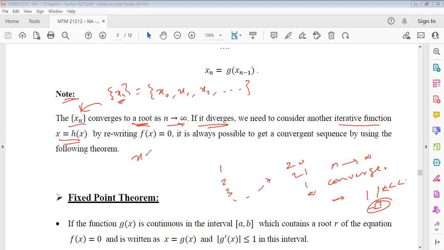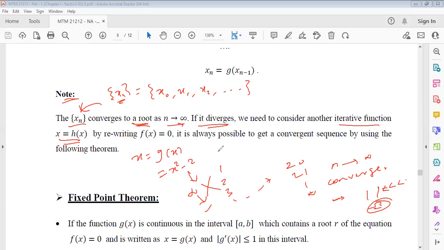I'll give you this idea when we do the example. Let's say I equate x equal to g(x), for example g(x) equal to x squared minus 2. When I'm getting bigger numbers, let's say infinity, it is diverging, so I need to know this is not the way.